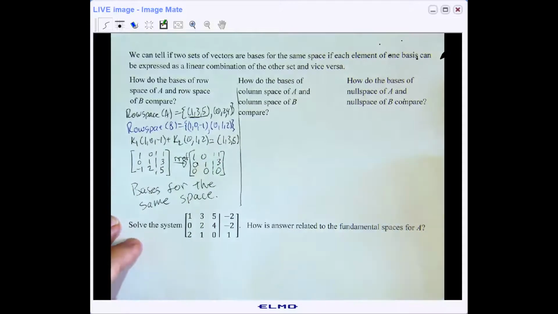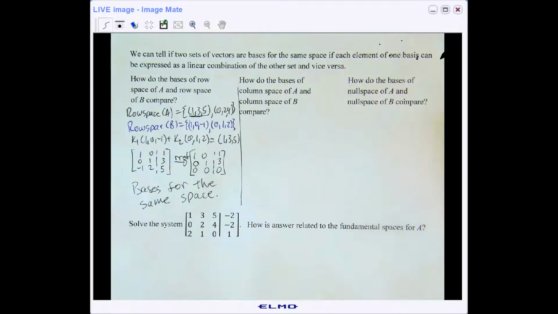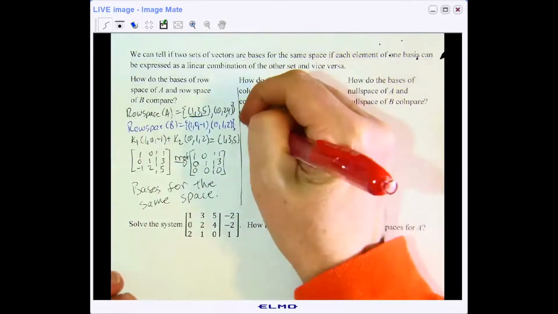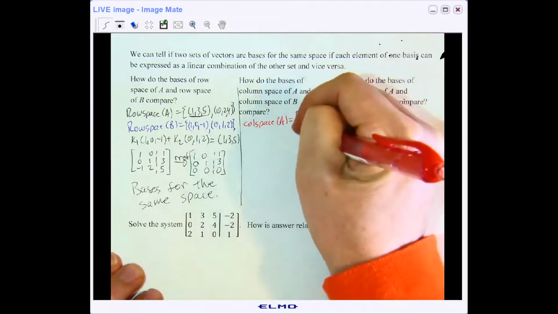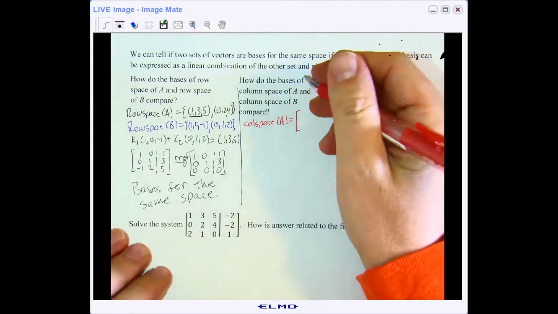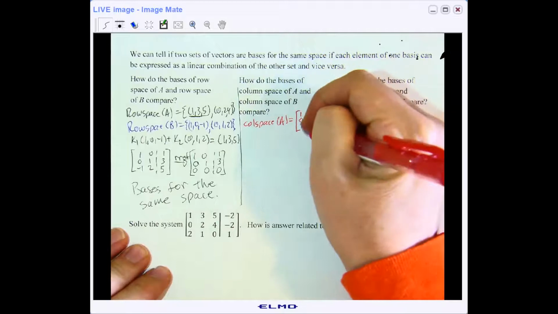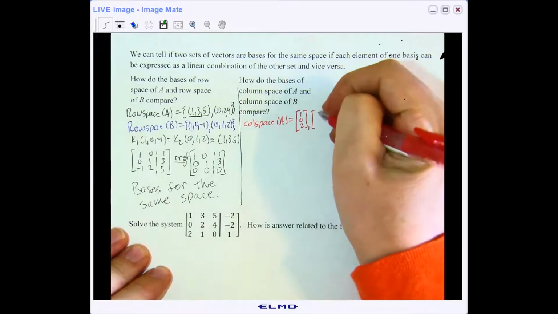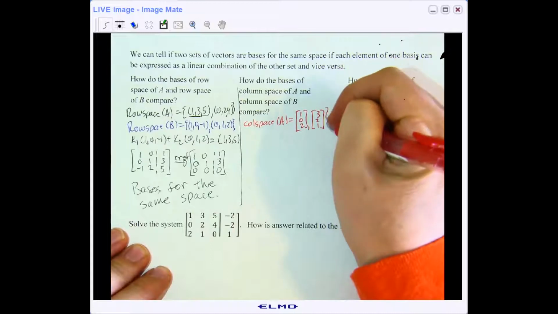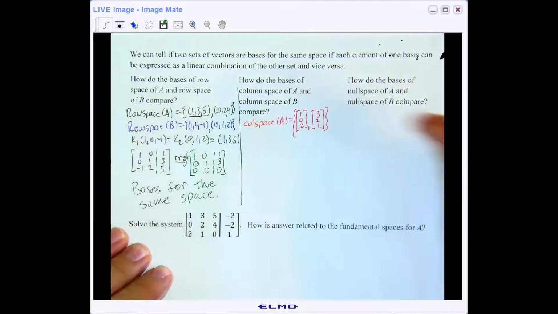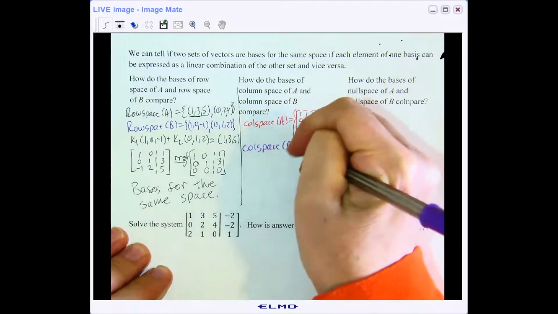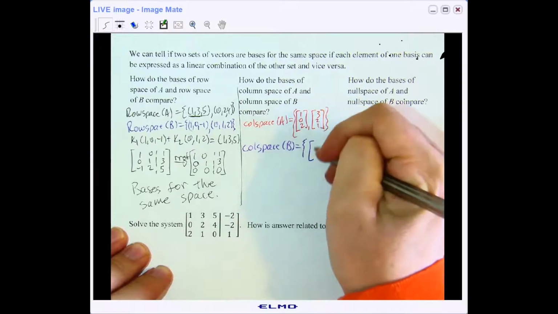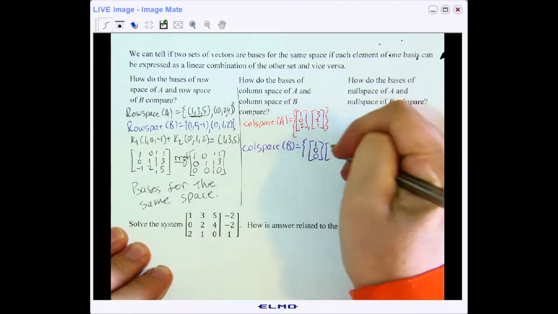Okay. What about the column space of matrix A and matrix B? Well, let's remember. The column space of matrix A was, I'll use just column matrices, 1, 0, 2, and 3, 2, 1, where for the column space of B, on the other hand, we had 1, 0, 0, and 0, 1, 0.